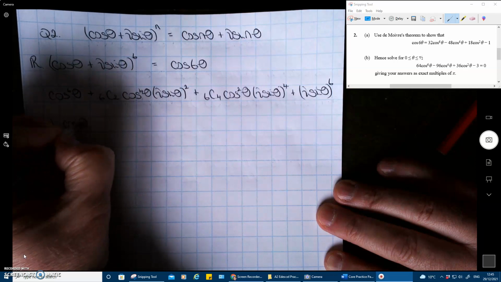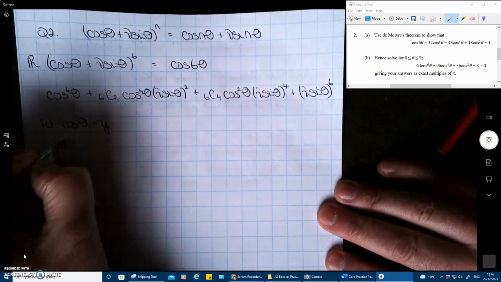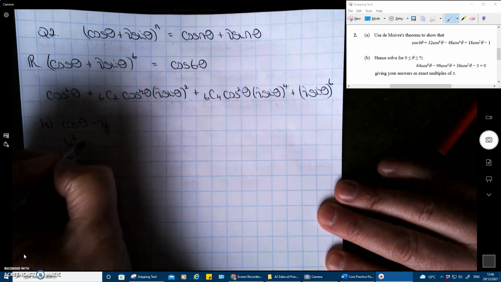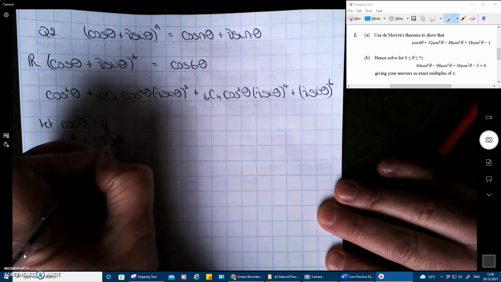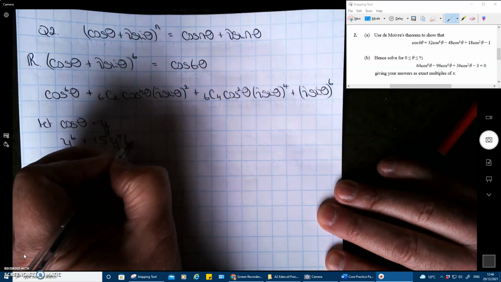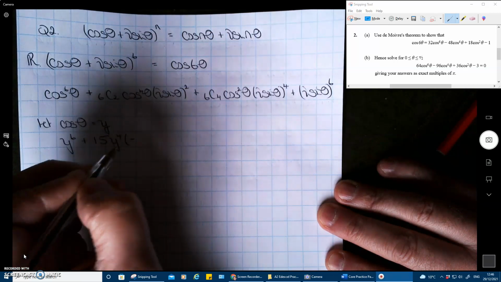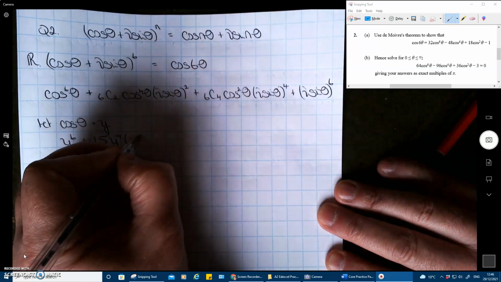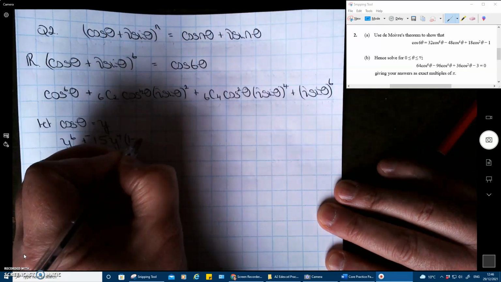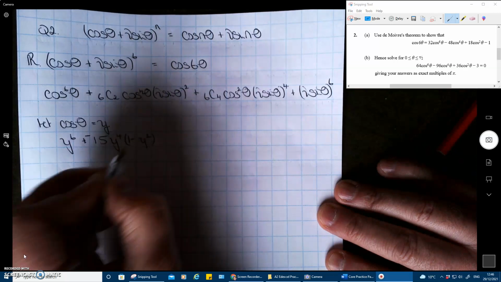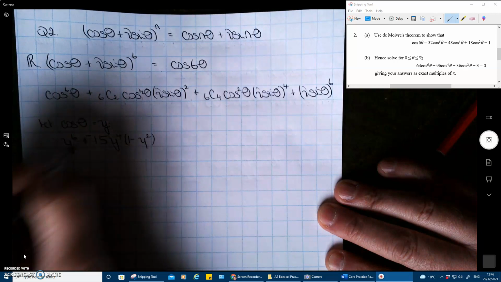Alright, now I'm going to let cos theta equal y, simply because it means I've got a lot less to write down. So I've got y to the power 6, 6c2 is 15, y to the power 4 times minus sine squared, so I put the minus here, minus 1 minus y squared. 1 minus cos squared is the sine squared, and i squared is the minus at the beginning.